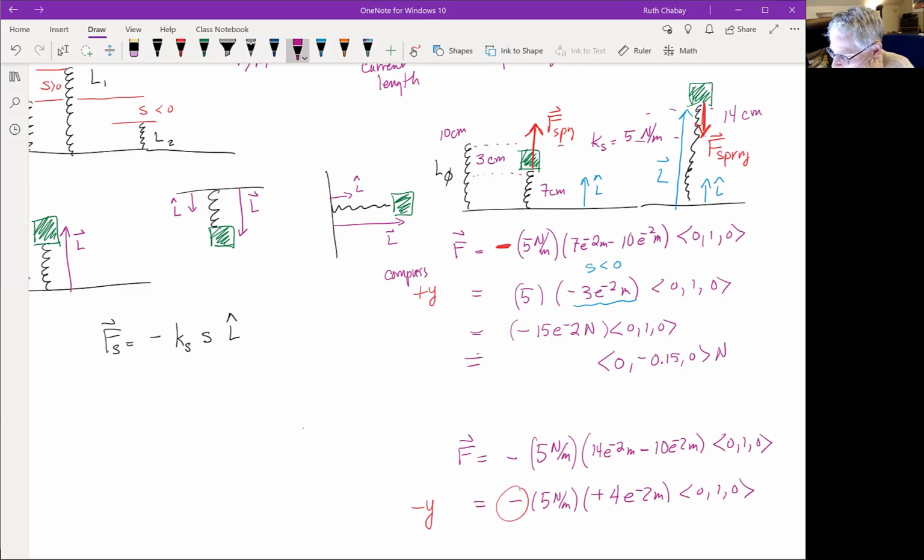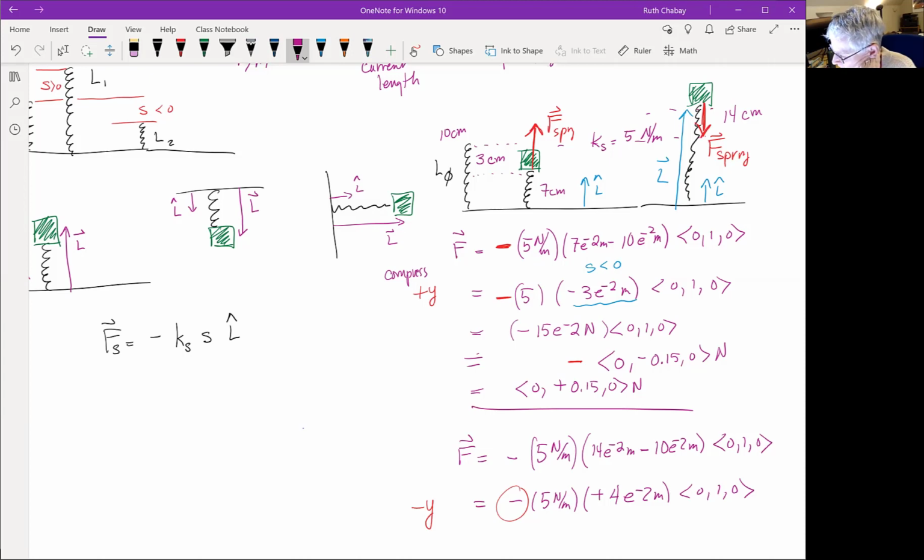We said that when the spring was compressed, the force had to be up, but without that minus sign, we get a force that's down. So we need that minus sign to give us a force in the right direction. So that's just part of the force equation. So Isaac, does that make sense?